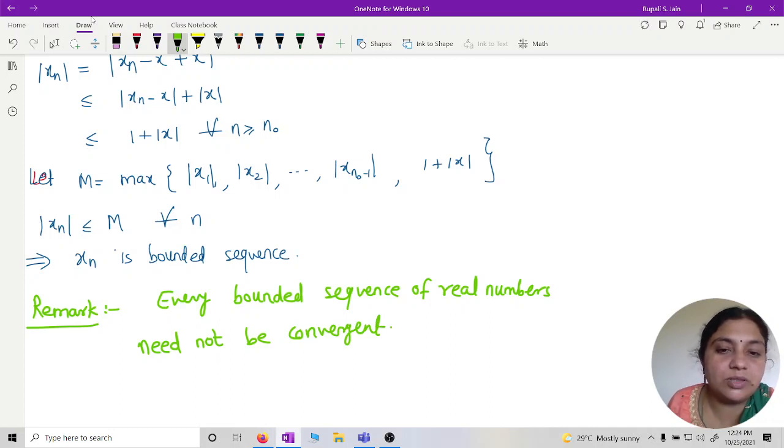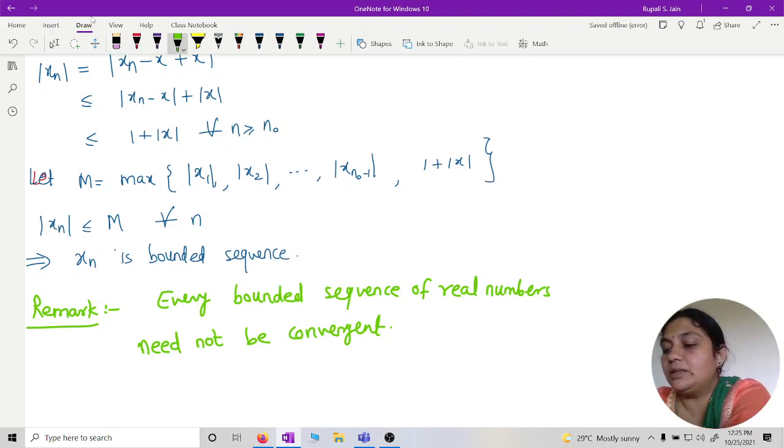This means the converse of the above theorem is not true. If I want to prove something is not true, then one counterexample is enough.